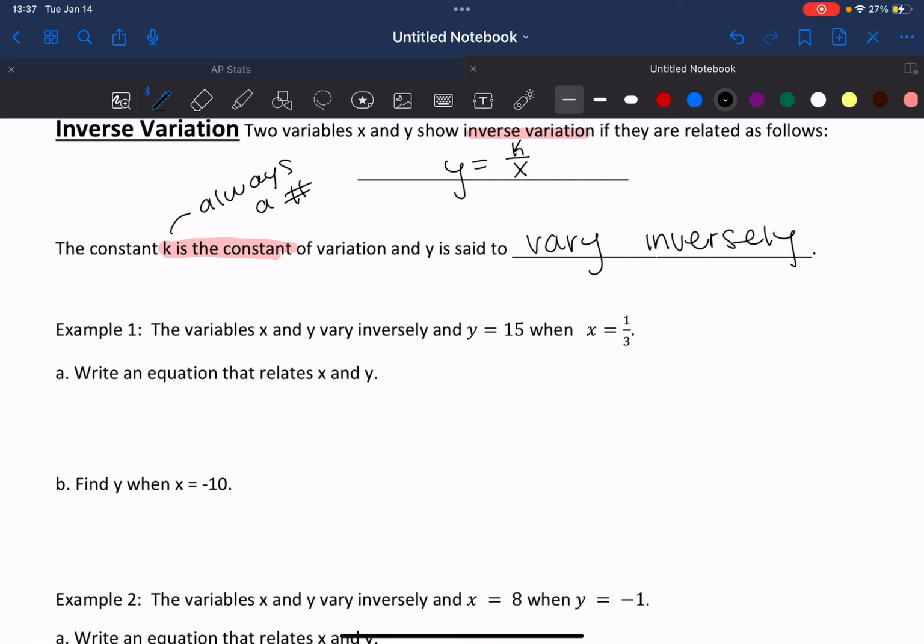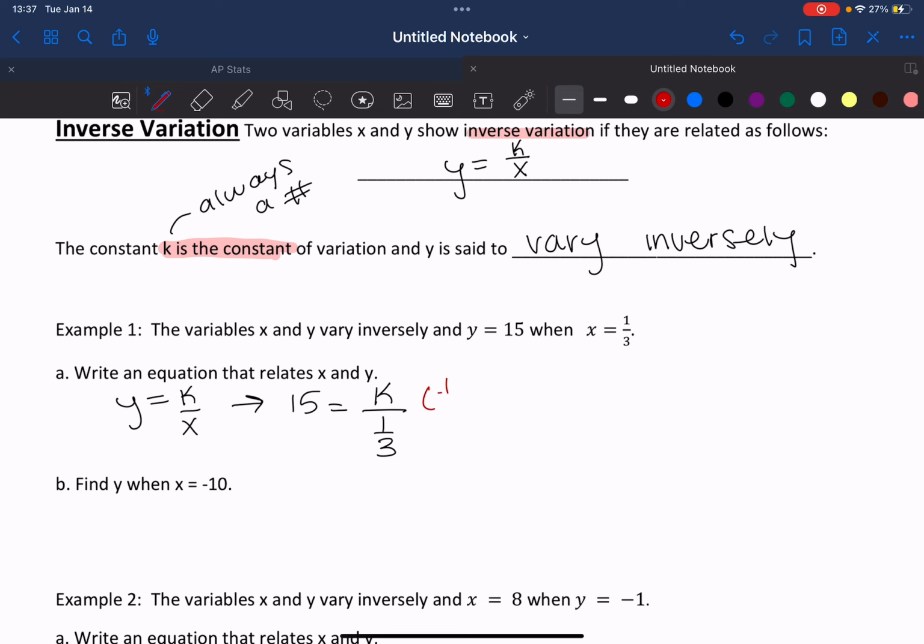So we first write our equation for the inverse variation, which is y is equal to k over x, and then we're going to plug in y and x so we can solve for k. So this gives us 15 is equal to k divided by 1/3. And then in order to get the k by itself, we're going to multiply both sides by the denominator.